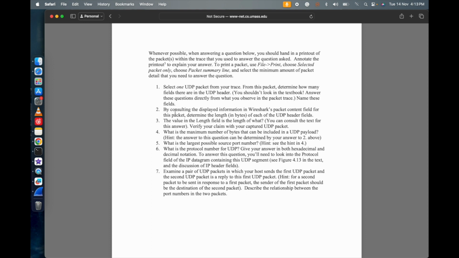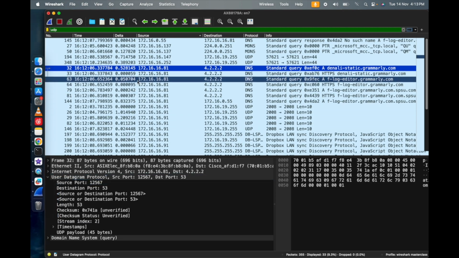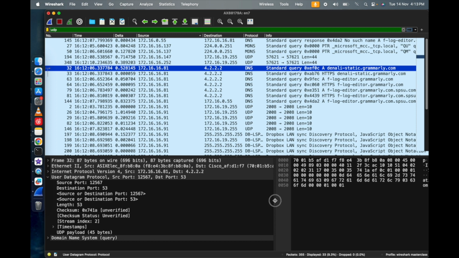And second question, by consulting the displayed information in the Wireshark packet content field for the packet, determine the length of each UDP header field in bytes, right? So we can do that with the help of the packet bytes.